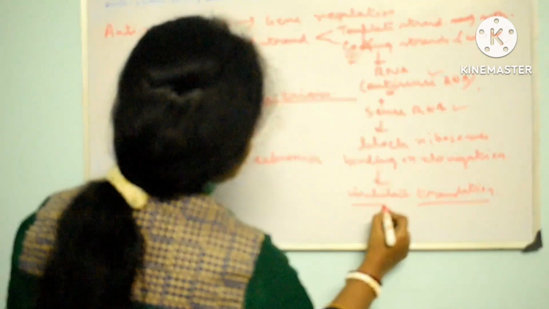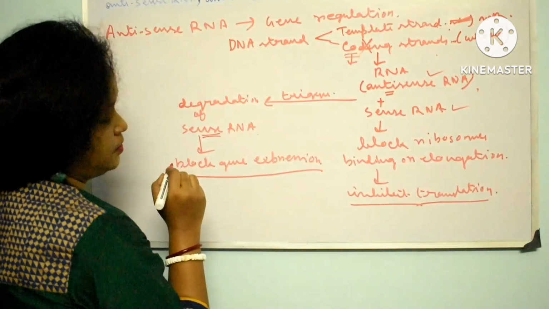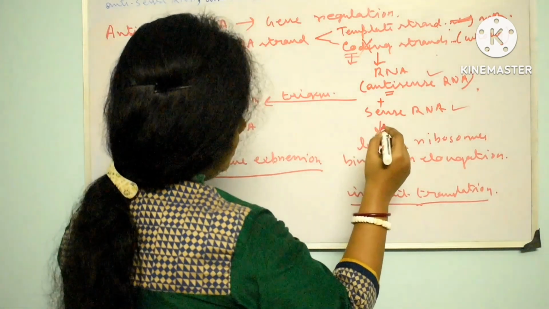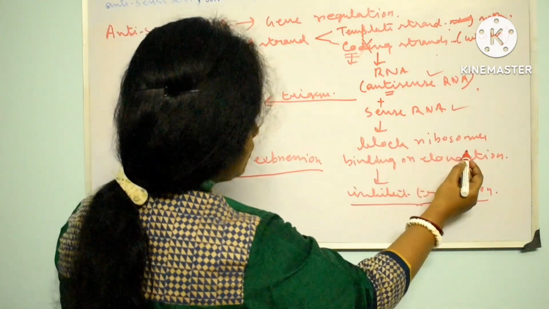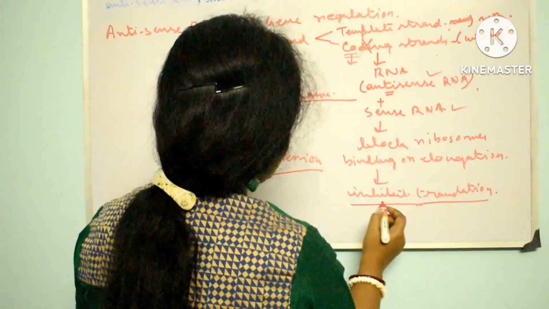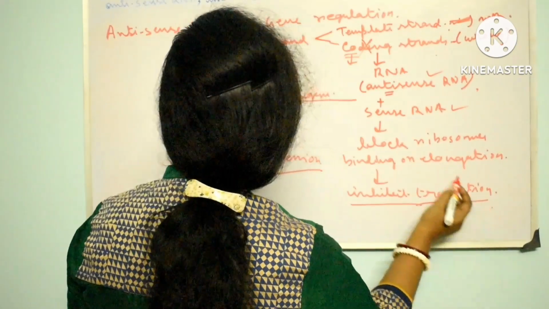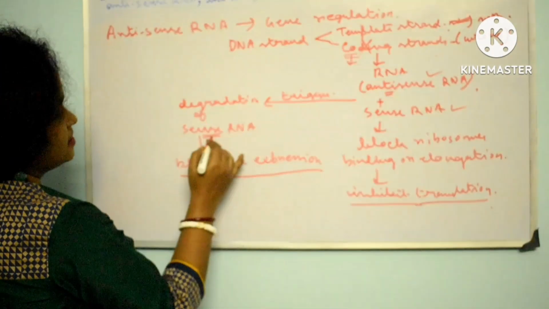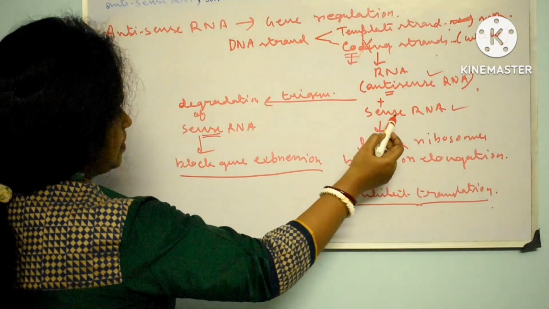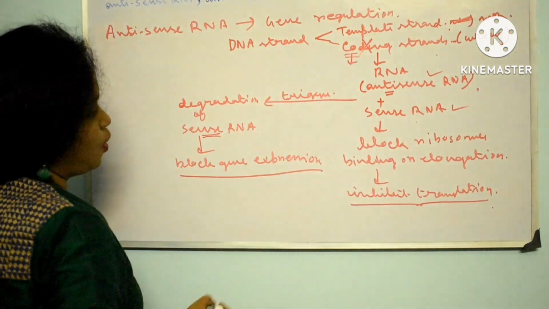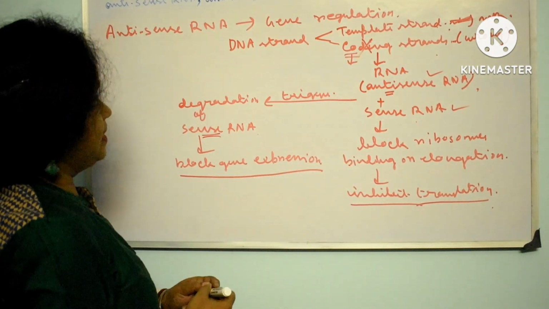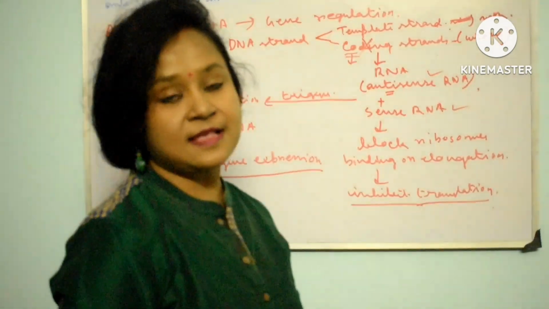Either it inhibits translation by blocking ribosome binding or elongation, or it blocks gene expression by triggering the degradation of sense RNA after binding. So that's all about antisense RNA.